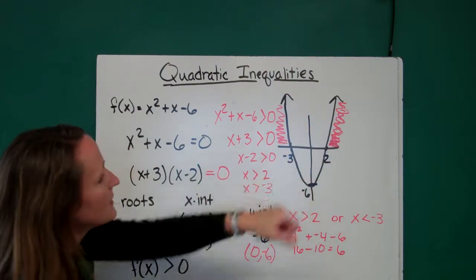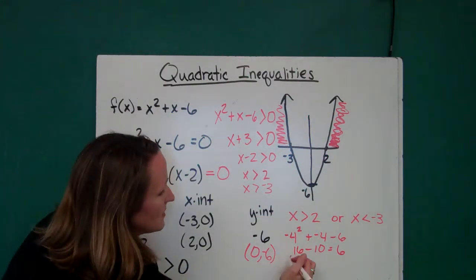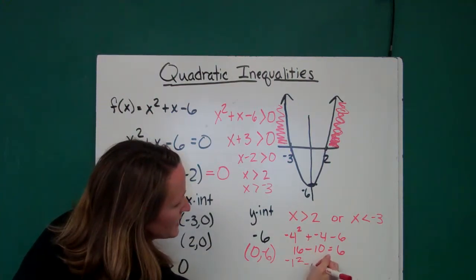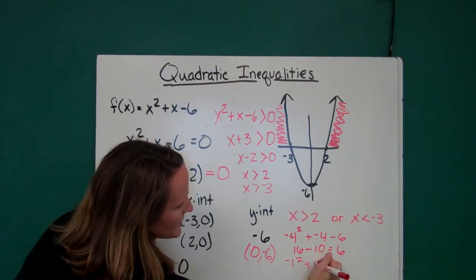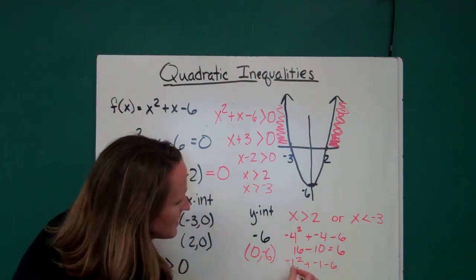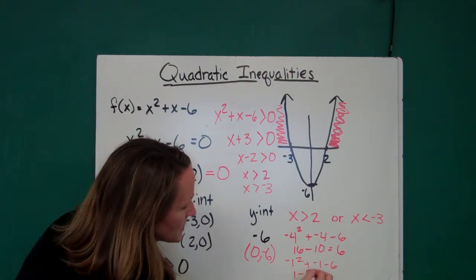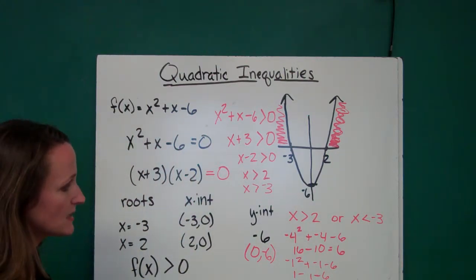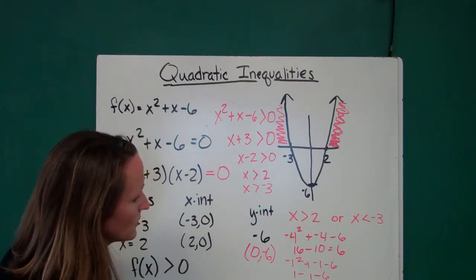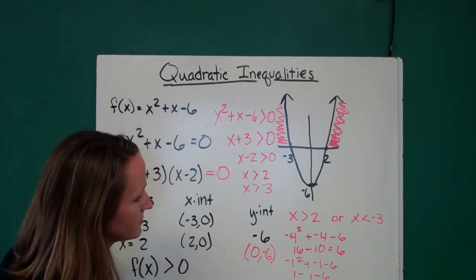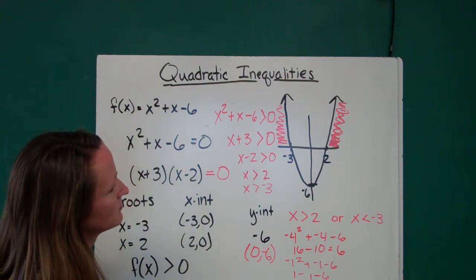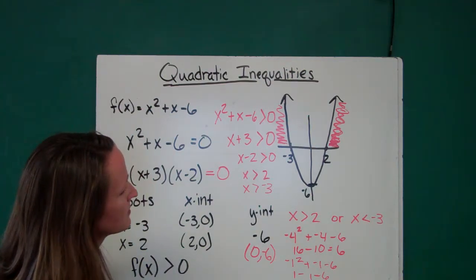Okay, so let's try it again with a number that doesn't meet this criteria. Let's say negative 1. That's not less than negative 3. So negative 1 squared plus negative 1 minus 6 gives us 1 minus 1 minus 6. Does that put us where we want to be?